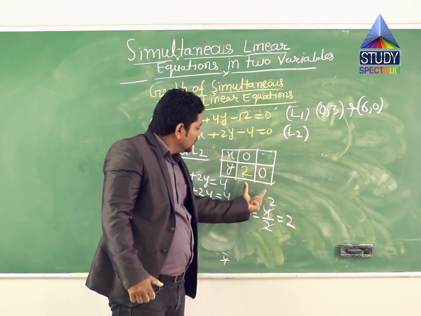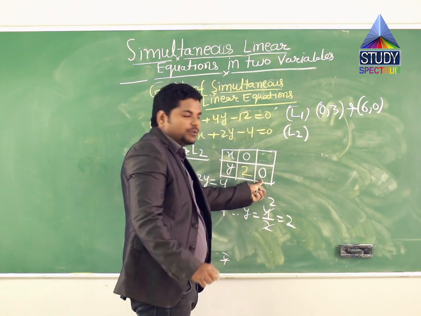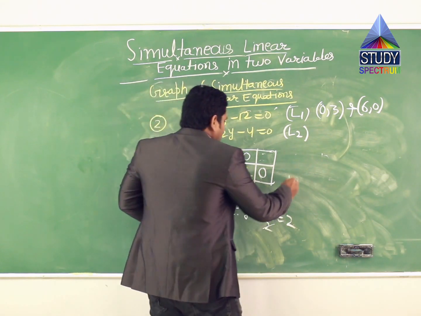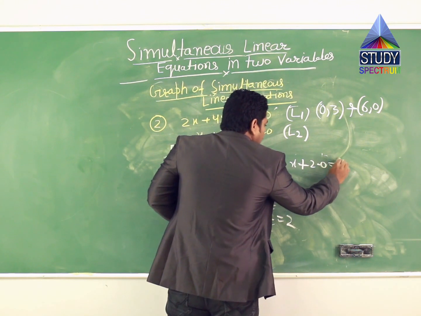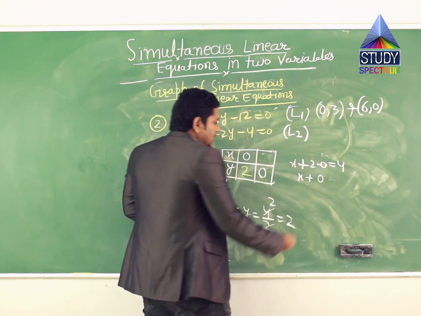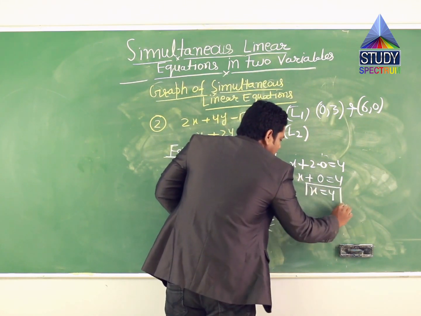Now we'll get the second point for L2. We'll substitute y equal to 0 in the equation x plus 2y equals 4. So x plus 2 into 0 is 0, equals 4, so x is 4.